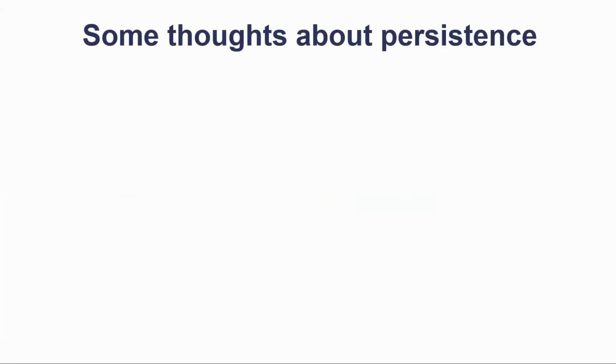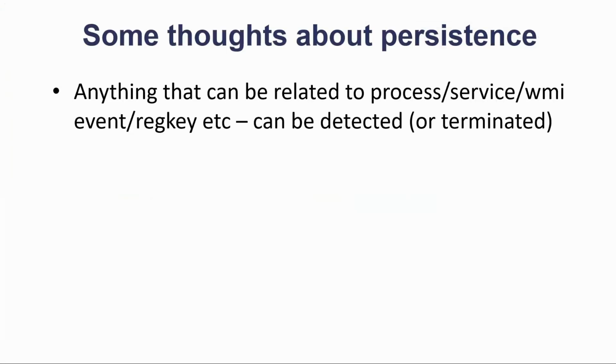So some things to keep in mind about persistence, because we're talking about covering tracks, evading detection, etc. Detection goes very well with persistence. And really, anything that can be related or traced back to a process, service, WMI subscription, events, registry key, etc., can be either detected or terminated, right?